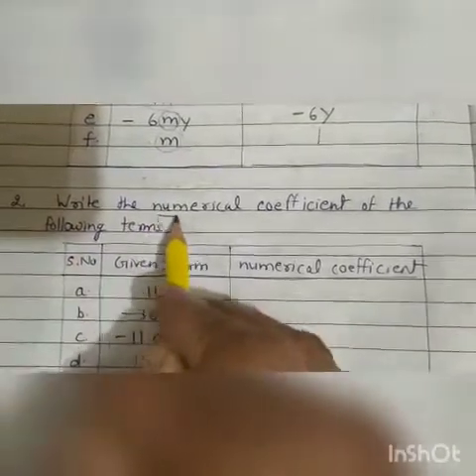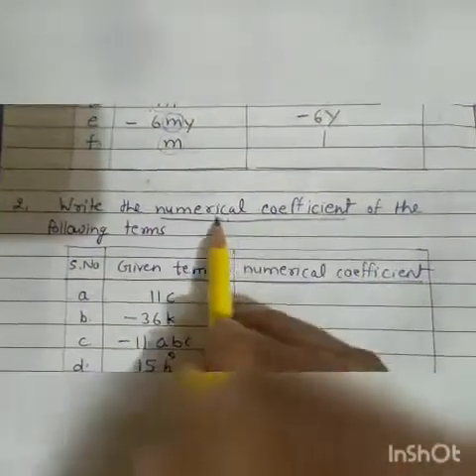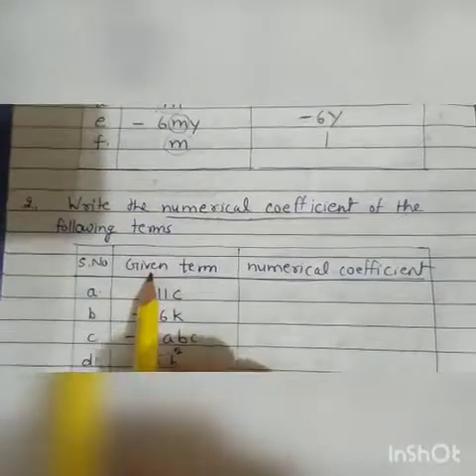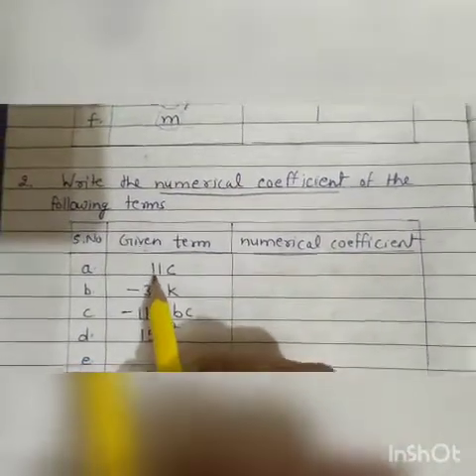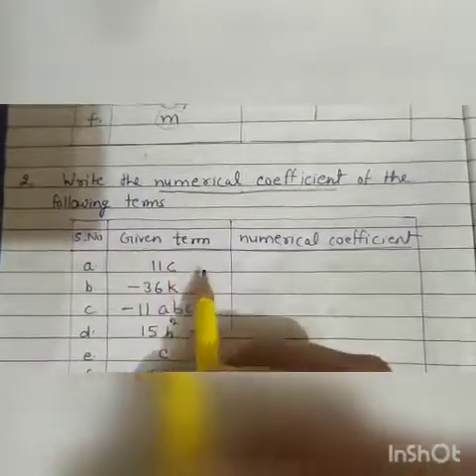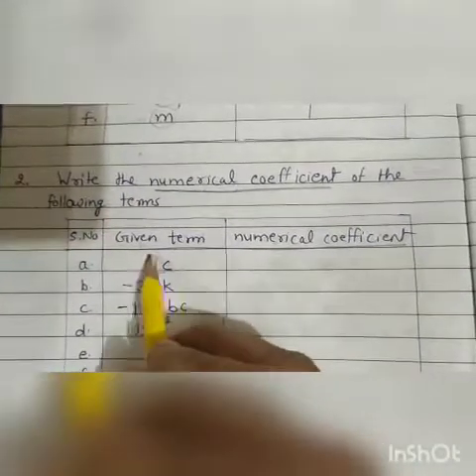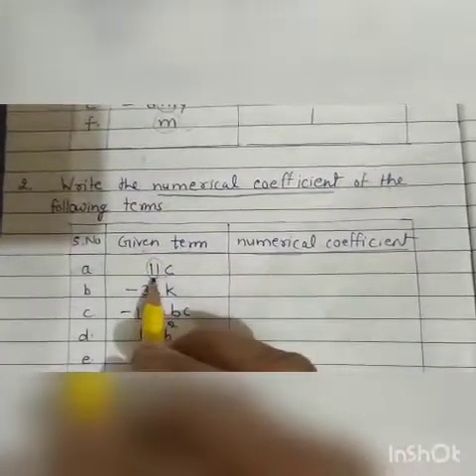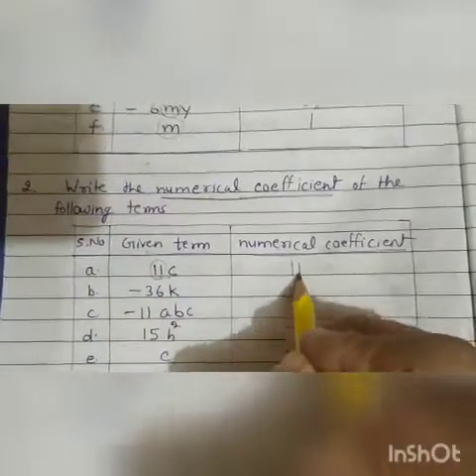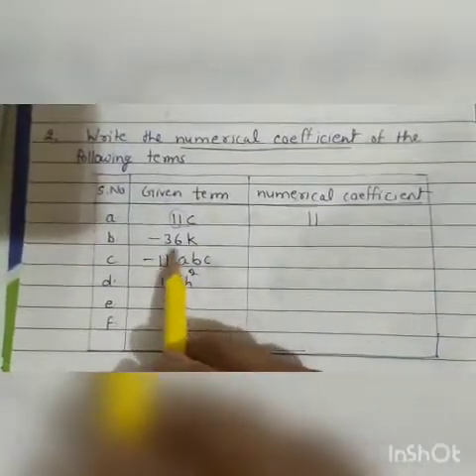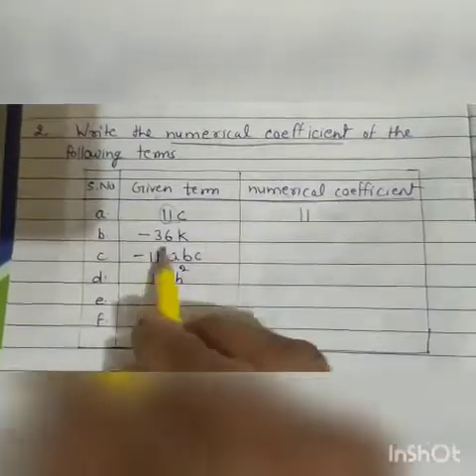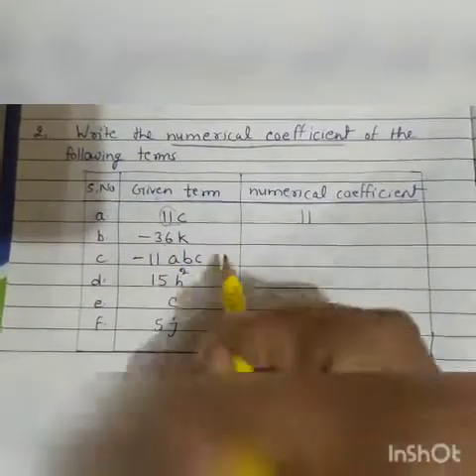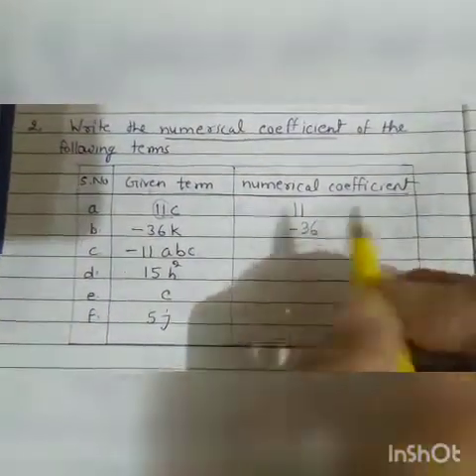Now come to the second question. Write the numerical coefficient of the following terms. Numerical coefficient means numerical value. First term is 11c. What is the numerical value in this term? This 11. So the numerical coefficient of this term is 11. In this term, what is the numerical value? Minus 36. So the numerical coefficient of minus 36k is minus 36.